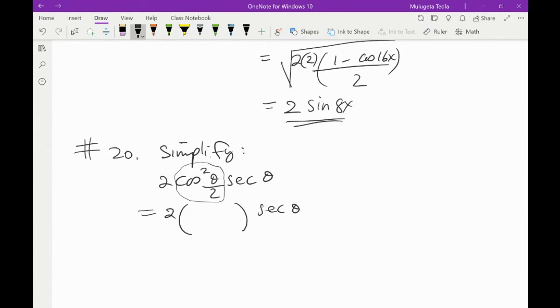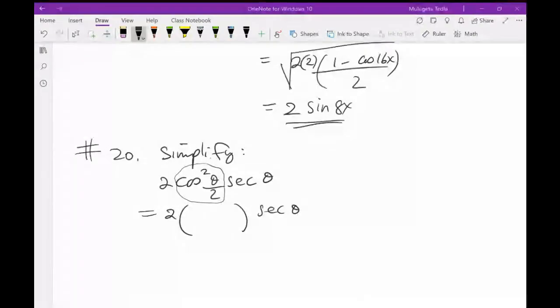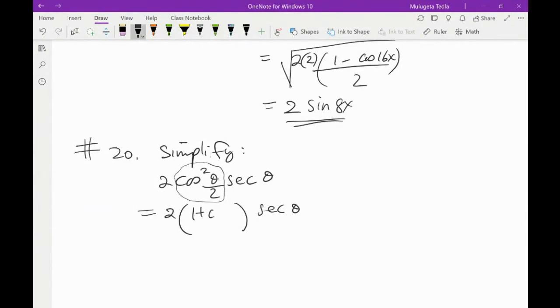What is cos squared of theta over 2? Remember, cos squared is 1 plus cos of double the angle divided by 2. Yes. So 1 plus cosine of double the angle, which is theta, over 2.